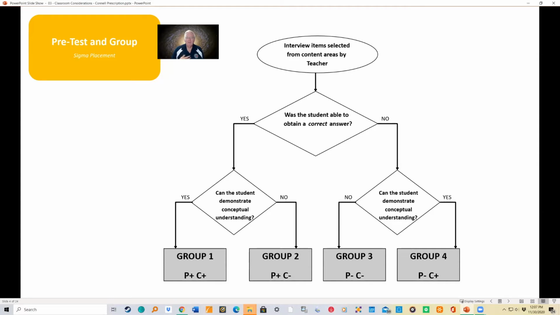And then ask yourself whether, based on your observations of these students on prior topics, of your working with those students and looking at what they're doing, or they're just answering, how can you tell whether or not they have the concept? Put a little check next to them. That way you'll know if they have process, if they have concept, and you can put them into the appropriate process concept group, group 1, 2, 3, or 4.